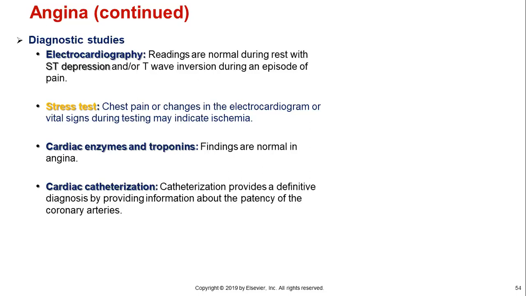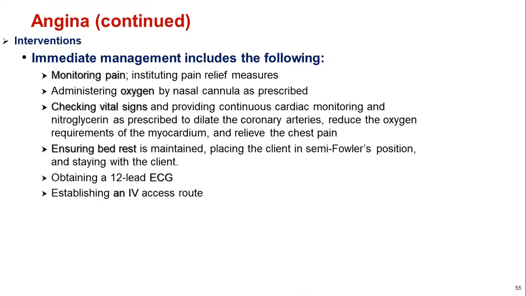But in MI, we can get huge changes in cardiac enzymes like troponin or CKMB, right? Or other markers like myoglobin. So CKMB, myoglobin, and troponin will be changed in case of MI, but all of these are normal in angina.